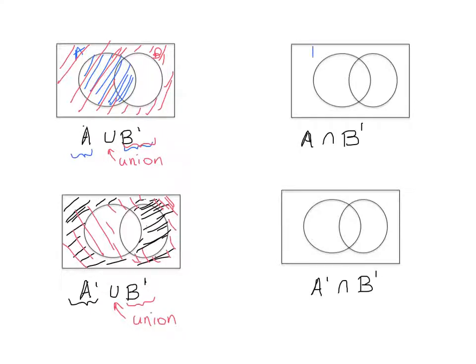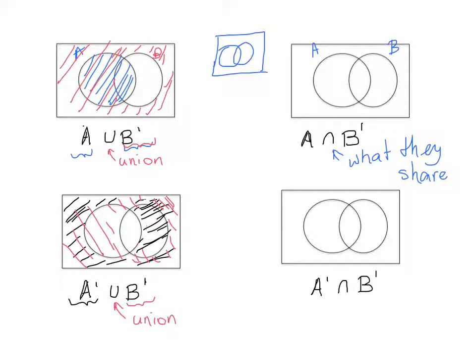So if you see an intersection and you can't immediately visualize what the two sets have in common or what they share, you might want to do a little scrap work. So off to the side, I'm going to draw a little Venn diagram with A and B, and I'm going to draw another little Venn diagram also with A and B. And then I'm going to look at what A and B complement share.